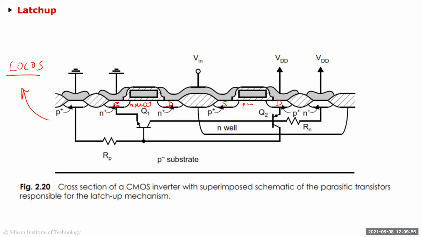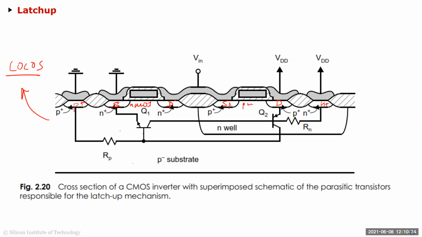So you have the N plus, the P substrate, then the N plus and the N well, and then the P plus contact for the N well. Sorry, this is the N well contact here, the N plus contact. This is your P plus contact, and this is the N plus contact.